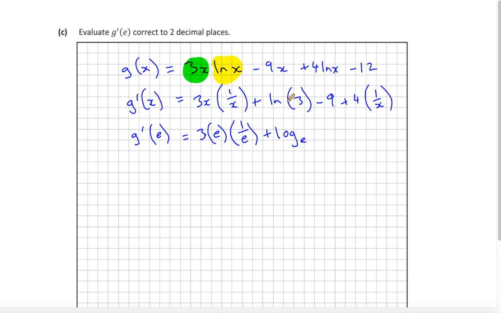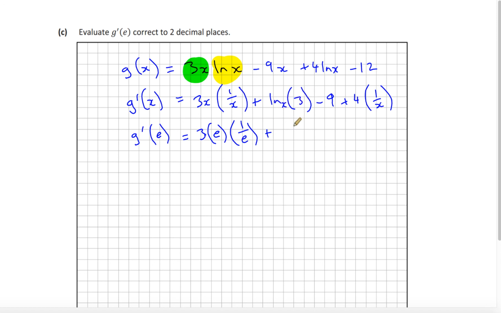Sorry, what am I missing there? I'm missing ln x there, I'm missing x. Let's do that again. Sorry, so that's plus ln of x, I left out the x there.